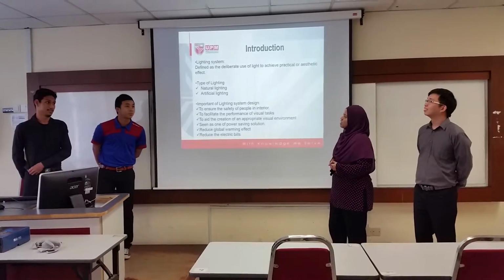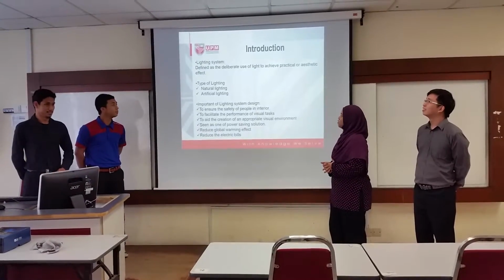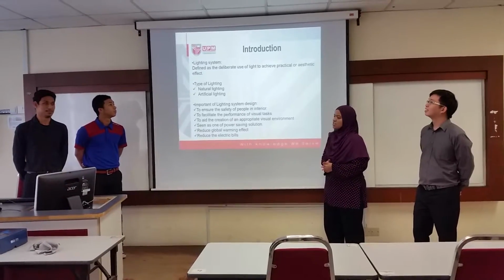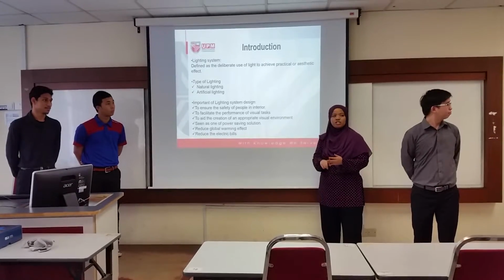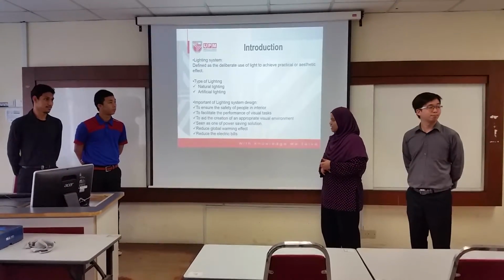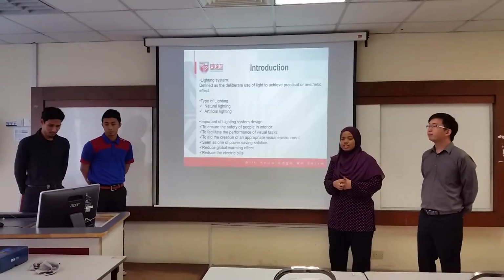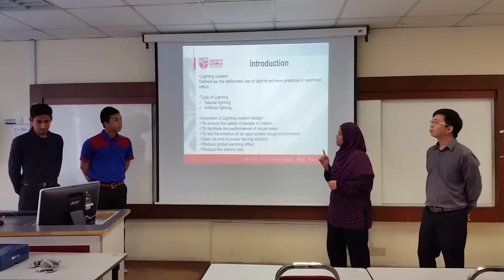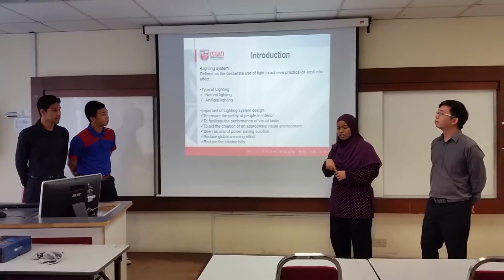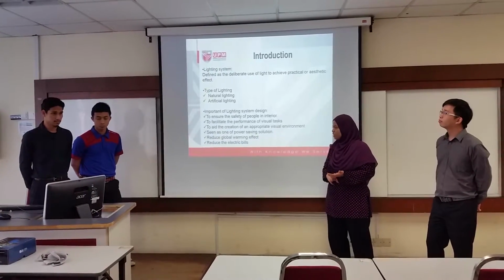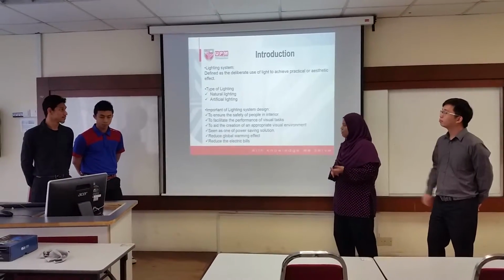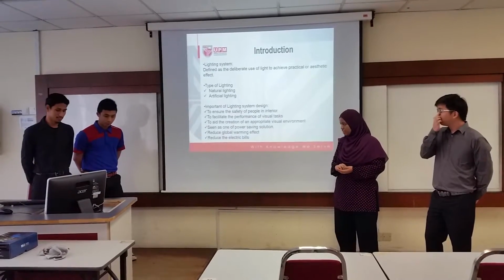Introduction. A lighting system is defined as the deliberate use of light to achieve a practical or aesthetic effect. We have two types of lighting: one is natural, the other one is artificial lighting. The importance of lighting system design is to ensure the safety of people in the interior, and to facilitate the performance of visual tasks, to aid the creation of an appropriate visual environment.